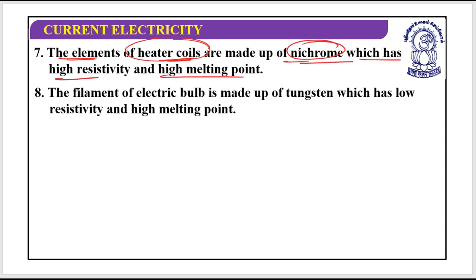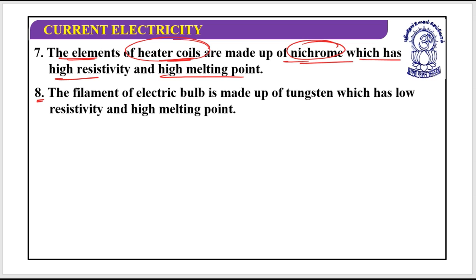Even an electric kettle uses heater coils, and electric irons use heater coils too. So wherever we require heating applications, we use this kind of heater coil, mostly made from nichrome, because nichrome has a high resistivity and high melting point.